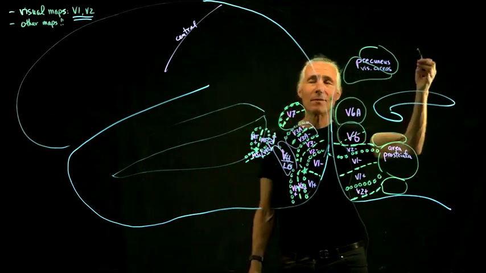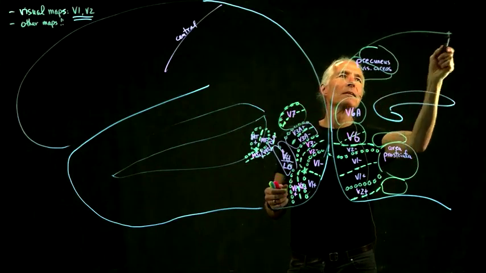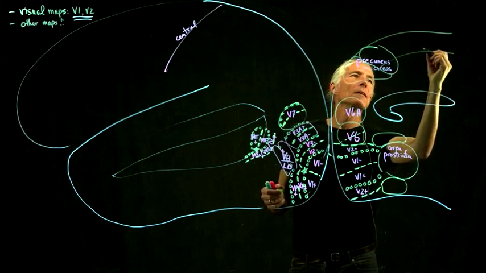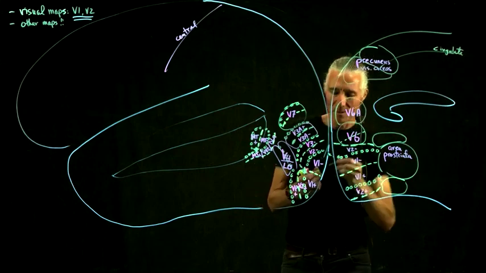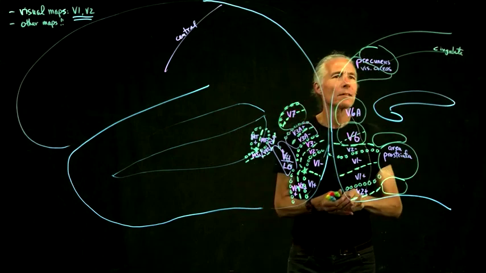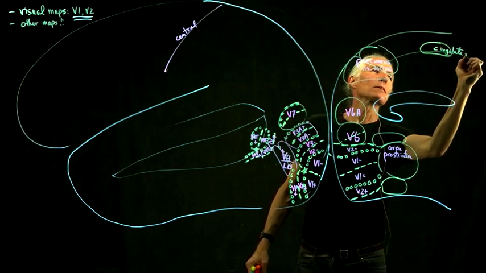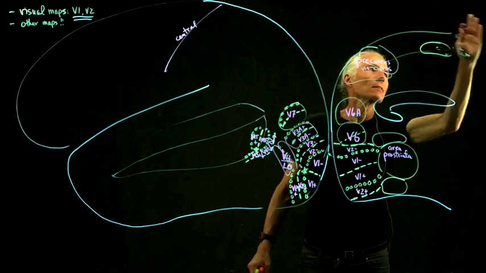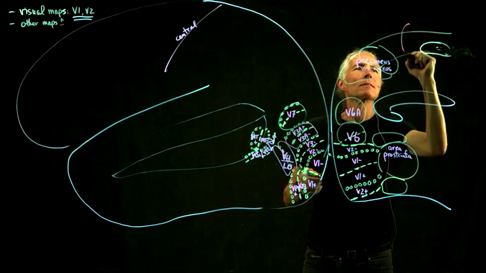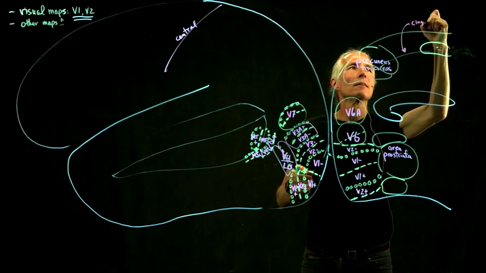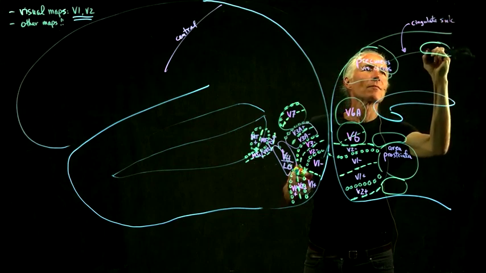And if we continue even further forward along the cingulate sulcus, so this is the cingulate sulcus, that's along the midline, there's another area sitting up about here.